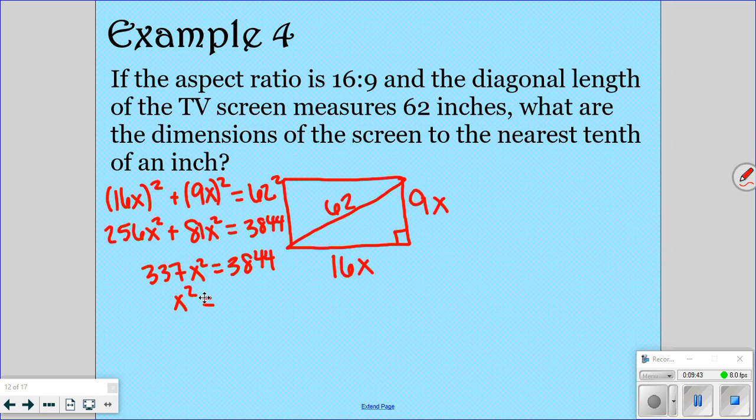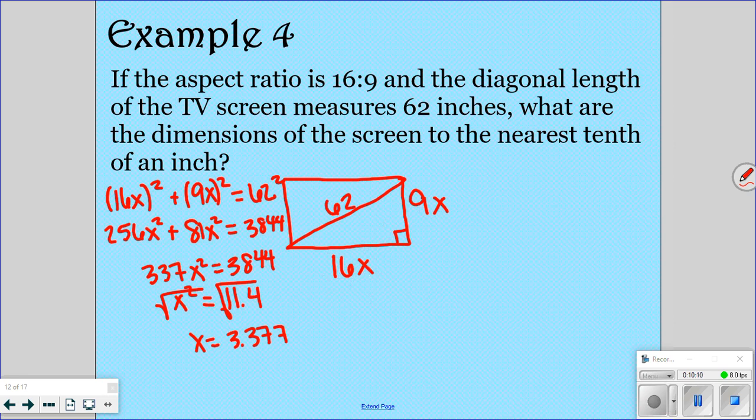And that's going to give me that x squared equals 11.4. And so then we're going to take the square root of that number, and you should get that x is 3.377, and it keeps going. And then to find the dimensions of the screen, you're just going to multiply it by 16 and multiply it by 9.